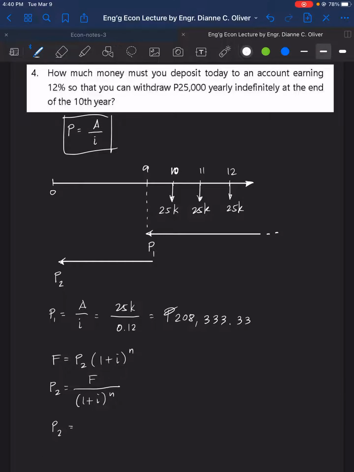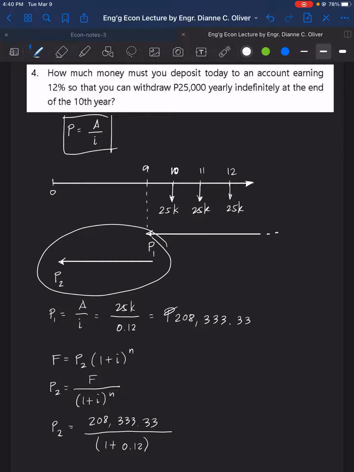The future here is P1, which is 208,333.33 pesos, all over 1 plus 0.12 raised to how many periods? We are dealing with this portion here, and the end of P1 is 9, so we will put here 9 years.